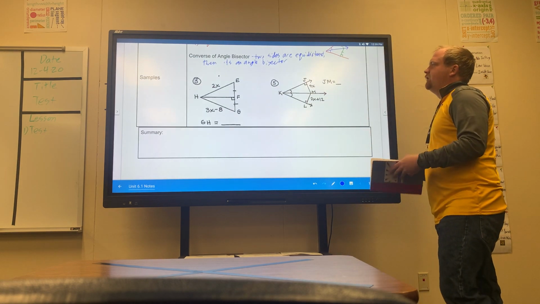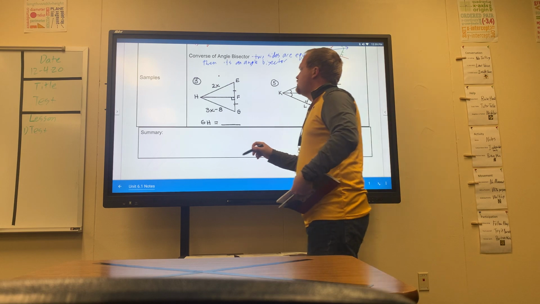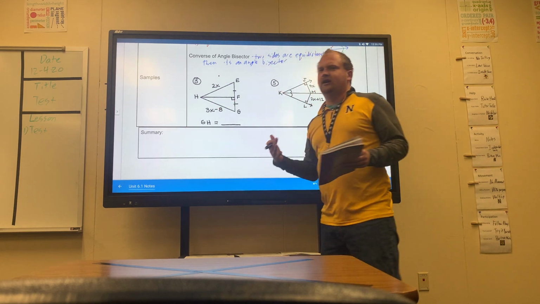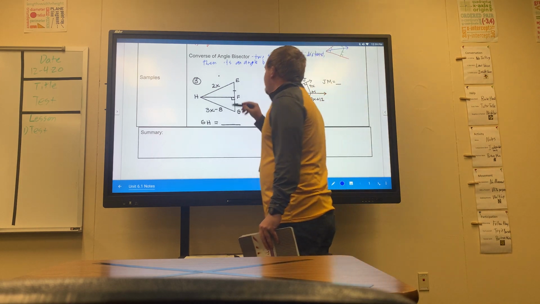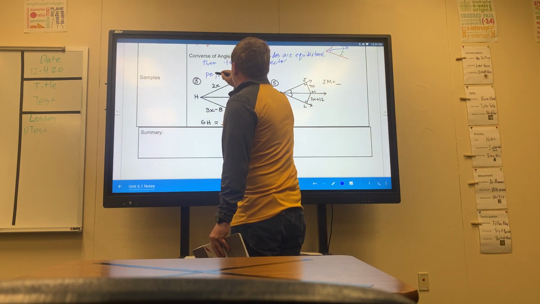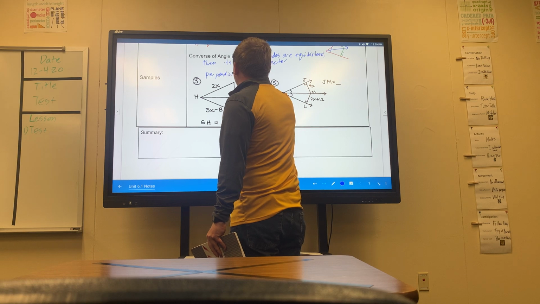Now, we want to solve for GH here. So basically, we're trying to find the distance. Okay, so notice that I have a perpendicular bisector.